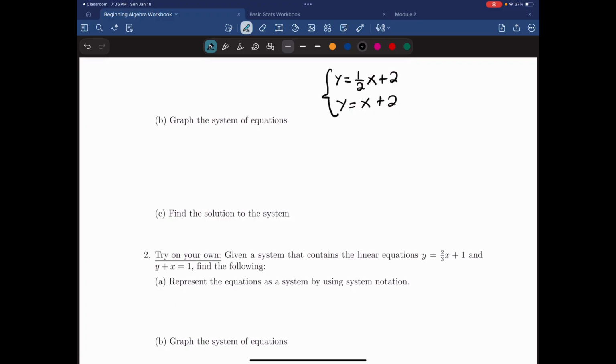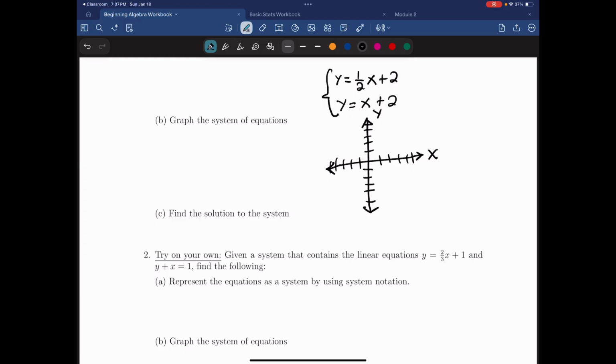To do that, I'm going to plot an xy plane, the x and y axis. So this is our x-axis, our y-axis, 1, 2, 3, 4, 5 in each direction.